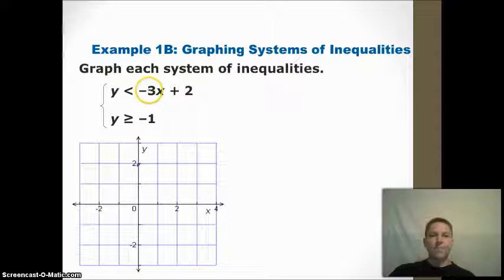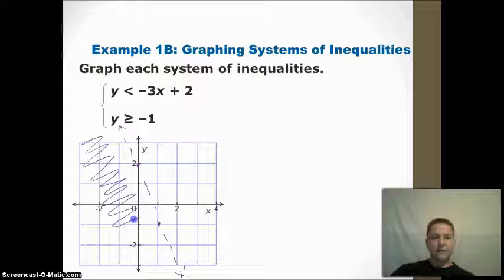And we could go up 3. Let's go down 3. 1, 2, 3, forward 1, since it's -3. And we want a dotted line. Okay, and we want to shade below because it's less than.